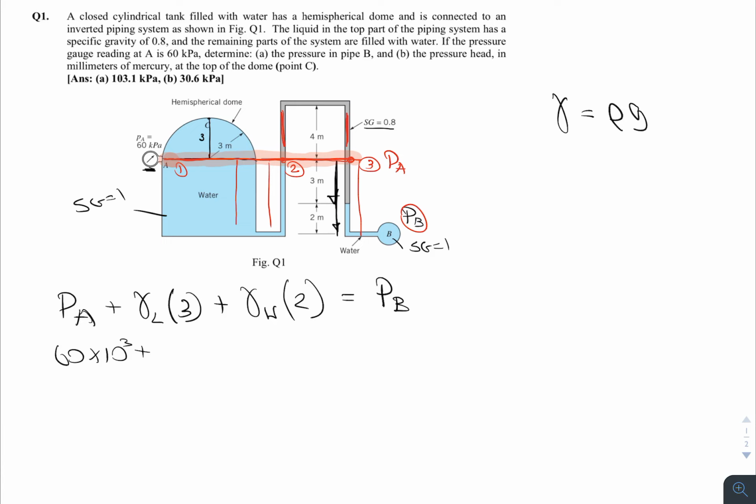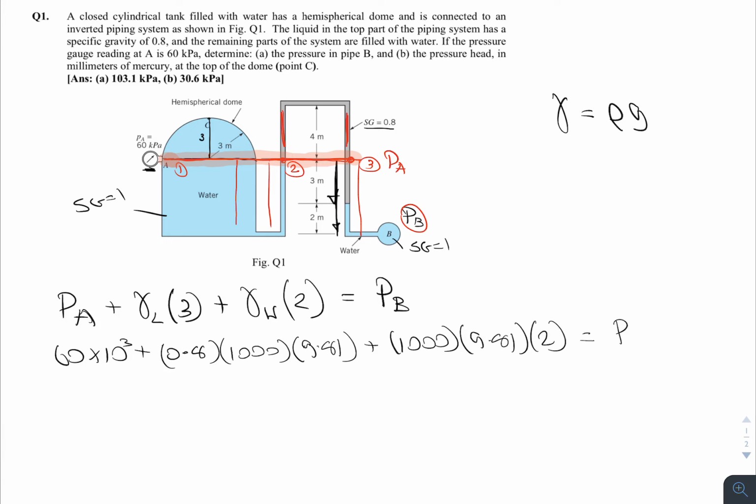We know that the fluid has a density of 0.8 times that of water, so it's going to be 0.8 times the density of water, 1,000 kg per meter cubed, times 9.81, which is g, times 3 meters, plus gamma W, which is just 1,000 times 9.81 times 2 meters, is equal to PB, which is our only unknown.